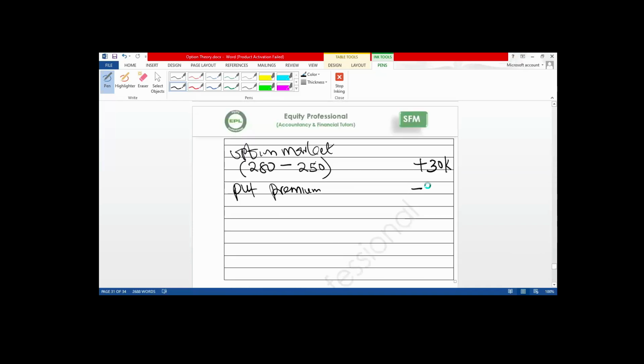Premium payable 10.5 kobo. Change in wealth: minus 37 plus 30 minus 10.5, negative 17.5 kobo. Reduction in wealth. The wealth of Polar Engineering will reduce by 17.5 kobo.